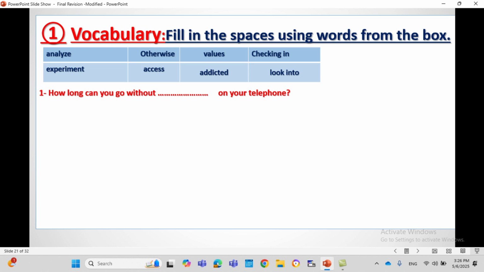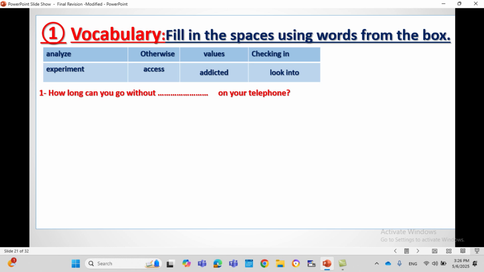The second word is the verb value. And value means to appreciate. If you give me a good opinion, you say, I really value your opinion, meaning that I appreciate it. And the word check in has a lot of meanings, but the meaning we need here is to be online, to resume browsing, or to check an account on the internet.